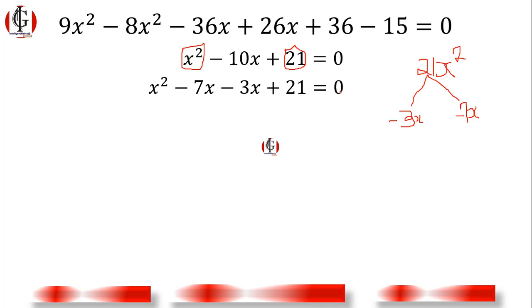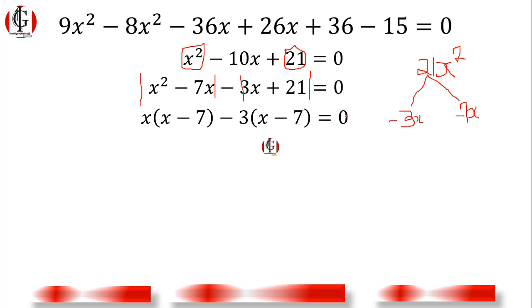So x is common to this and this. Minus 3 is common to this and this. So if I factor that, I'm going to have x into x minus 7, minus 3 into x minus 7, all equals 0.